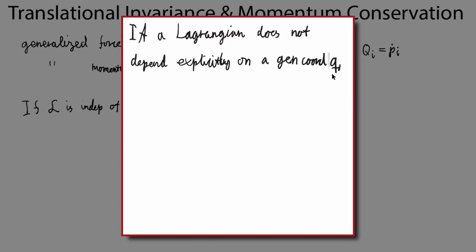let's say q1, so the Lagrangian can then be written in this fashion. It will depend on q2 and maybe other generalized coordinates as well. It will depend on q1 dot, but not on q1.